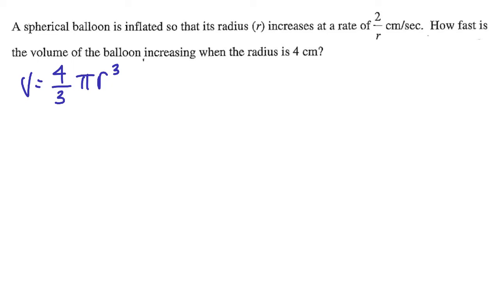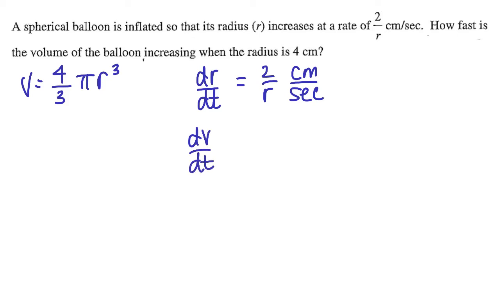So the radius is increasing, so that's dr/dt at a rate of 2 over r, well, that's weird, 2 over r centimeters per second. How fast is the volume of the balloon increasing, so dV/dt, when the radius is 4 centimeters?